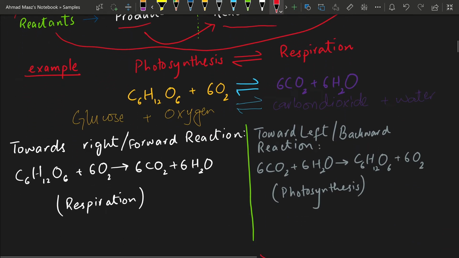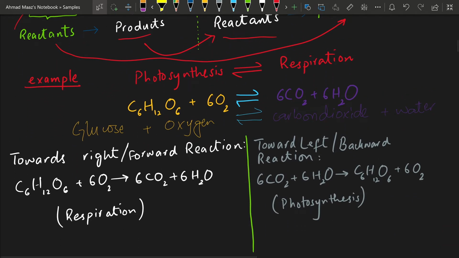Another example of a reversible reaction is photosynthesis and respiration. When glucose reacts with oxygen, it forms carbon dioxide and water. Now when this carbon dioxide and water react with each other, they again form glucose and oxygen gas.